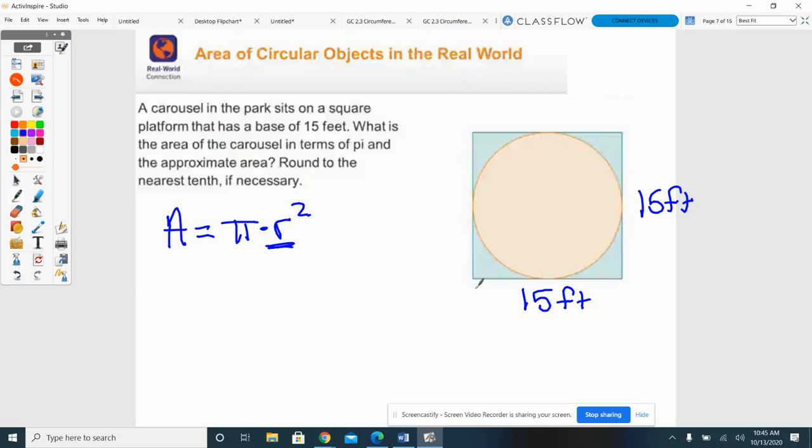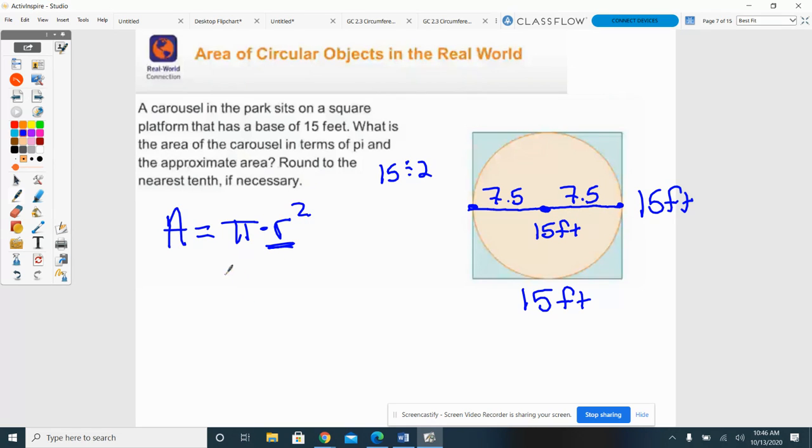But I want you to picture this. Right here to here, I know what that length is because that's the same length as this. So that's 15 feet. That's a diameter, guys. So now I can take 15 divided by 2 and get 7.5 for each of those two radii there.